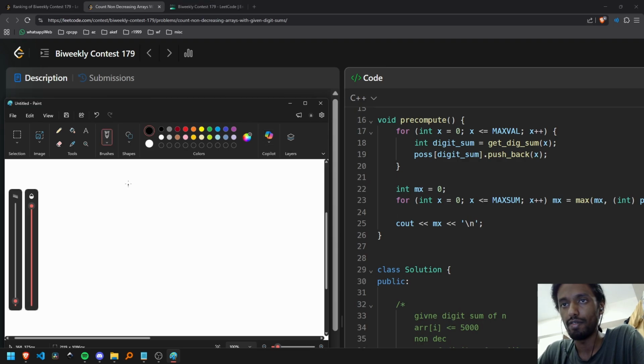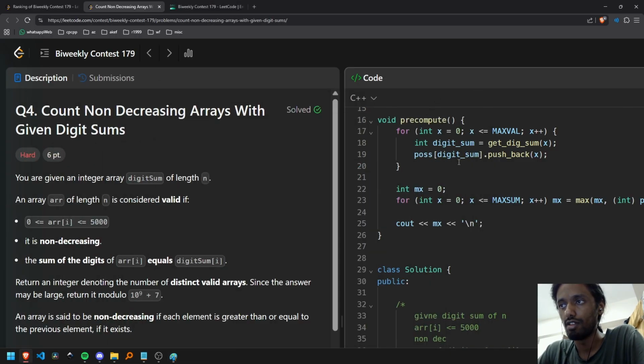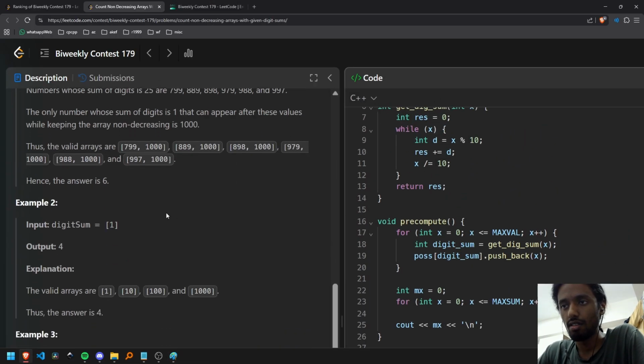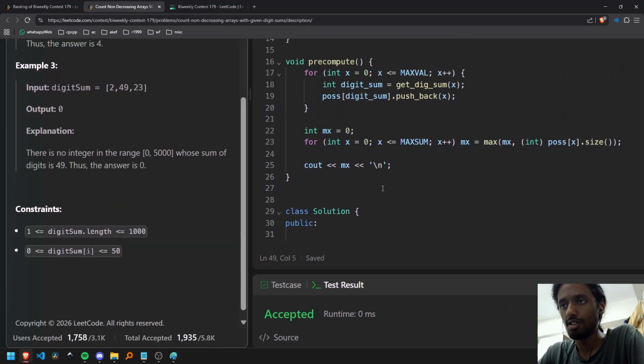So I did this and I found out that at max some digit sum can have 365 numbers associated to it. So using this 365 and this 1000 gave me the idea for my DP solution.